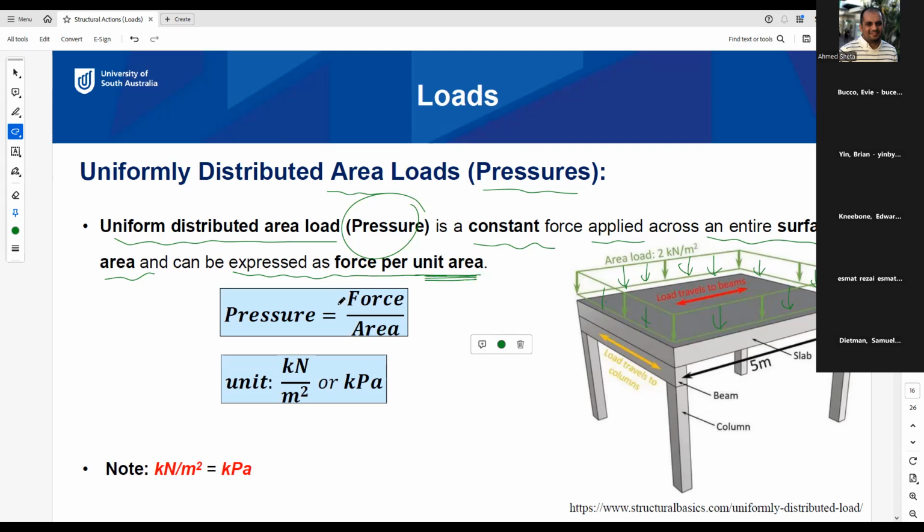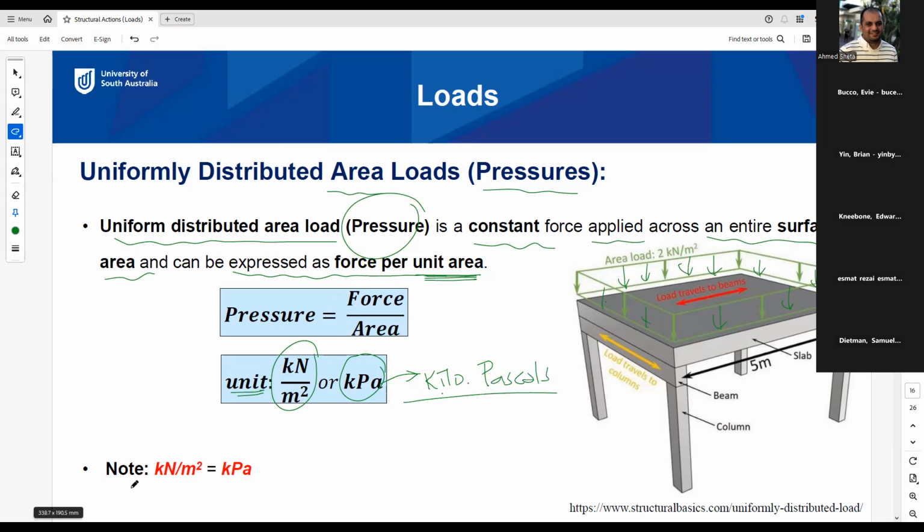So the pressure equals force divided by area. The unit of the pressure is kilonewton per square meter, or in other terms, kPa, kilopascals.